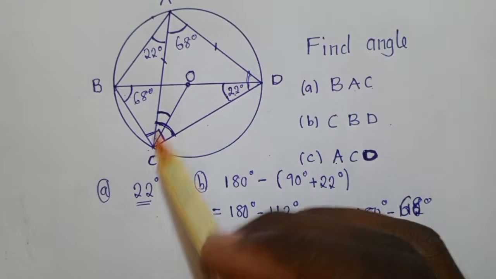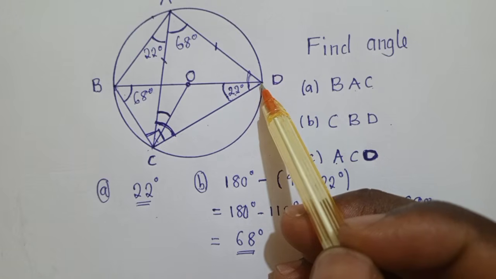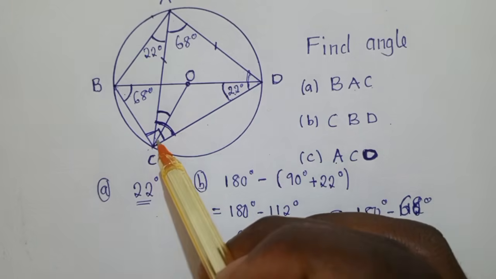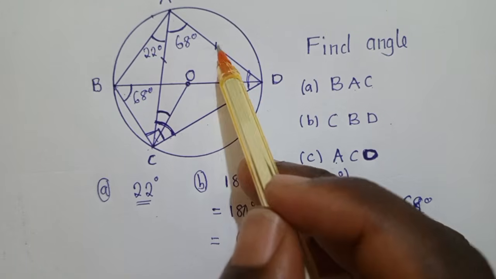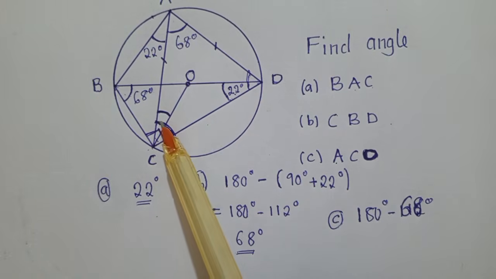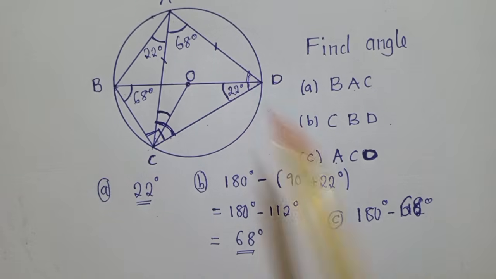Because the sides here are equal to each other, which entails that we are dealing with an isosceles triangle. So the angle here is equal to the angle here. You can see these signs. They mean this side is equal to this, this angle is equal to this angle.